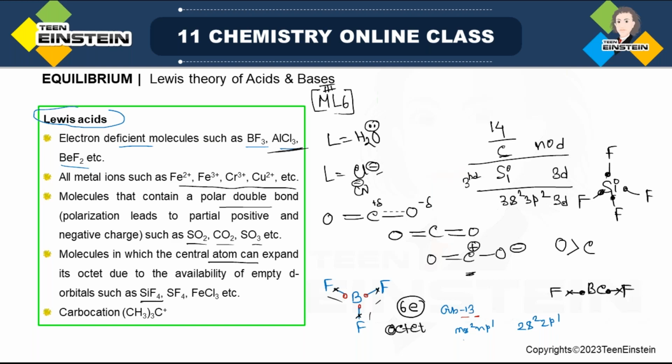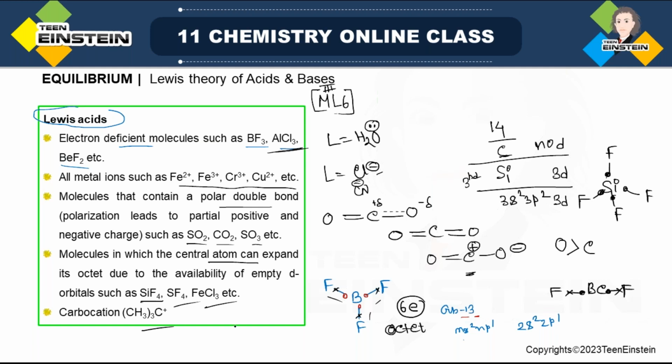It is vacant and available. So because of this available vacant d orbital, it can also accept an electron pair from some Lewis base, obviously, which can donate an electron pair. The same explanation you can also use for SF4 or FeCl3.